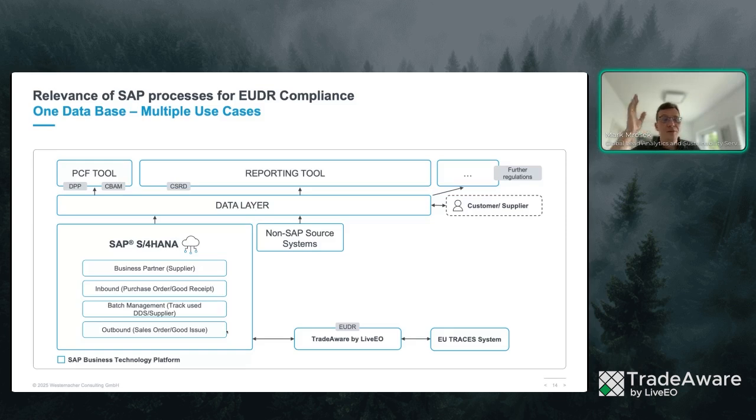So EUDR is one, you have probably CSRD, you might have CBAM, CSDDD, Digital Product Passport, then you probably have aspects around product compliance, and all of these regulations are already in place.